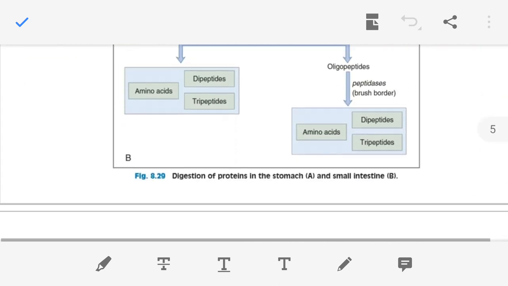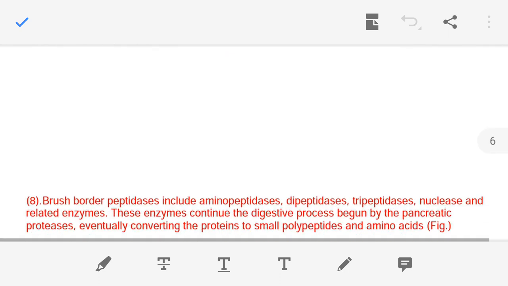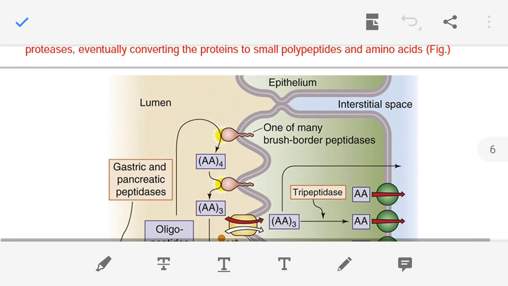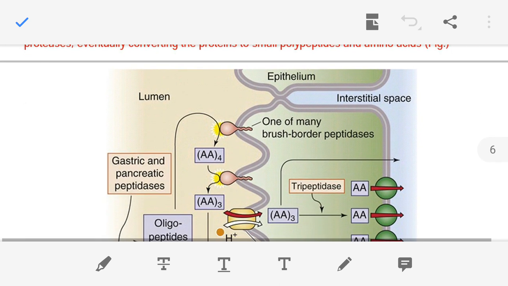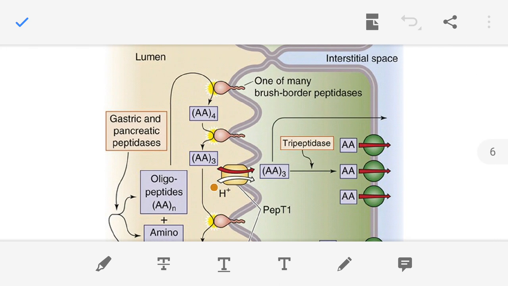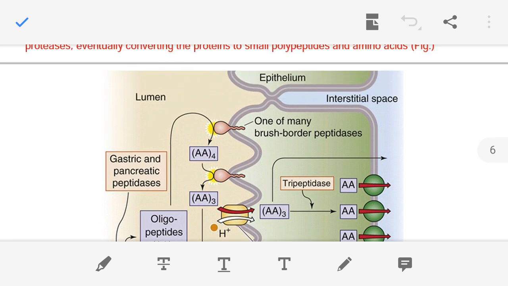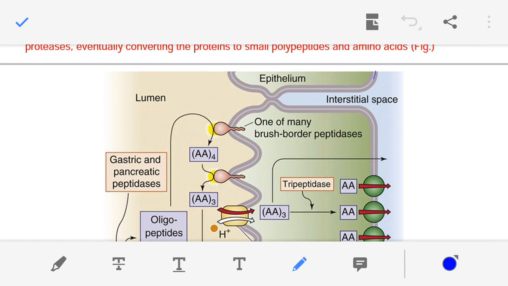Now moving on to the 8th point. In the 8th point, we are talking about the brush border. What is the brush border? First of all, this is the epithelium, that means the enterocyte cell of the small intestine.